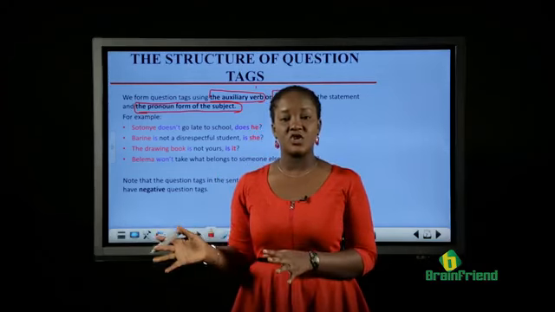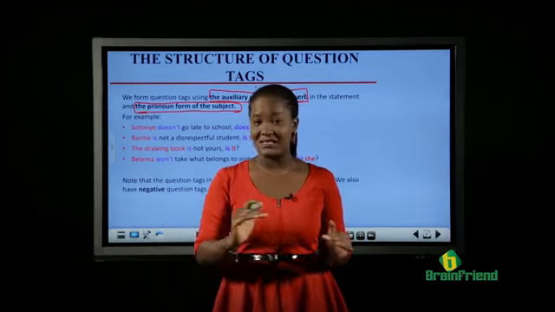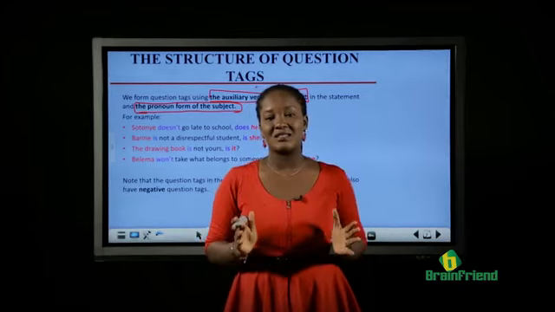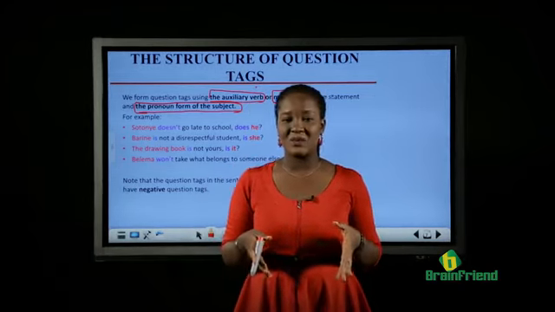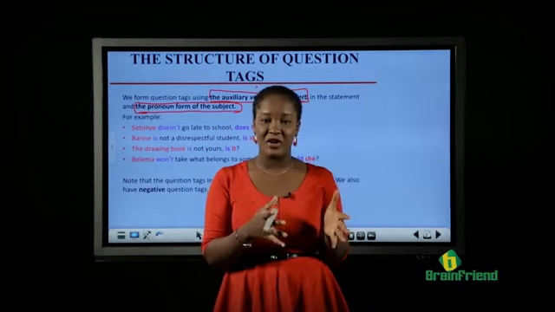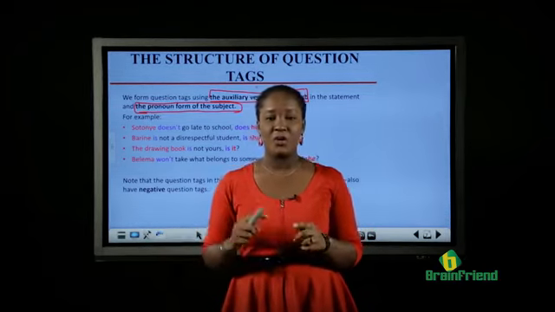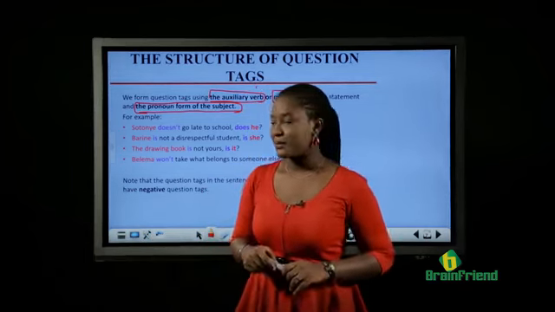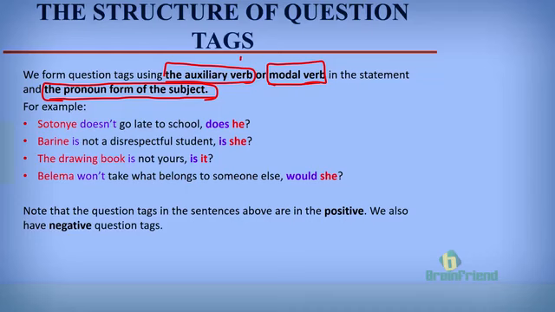Remember that when we have question tags, they always come after statements. So when you look at that statement, the subject of the statement, the pronoun form of that subject, together with an auxiliary verb or modal verb, forms a question tag. For example, Sotoye doesn't go to school. Does he?